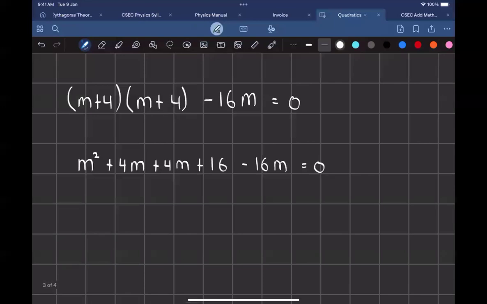Group together the like terms. 4m plus 4m is 8m. So m squared plus 16 minus 6m.